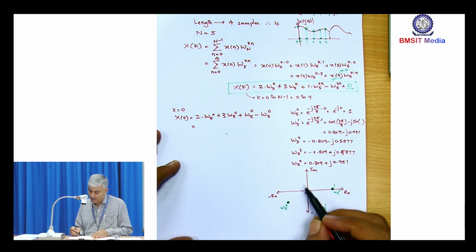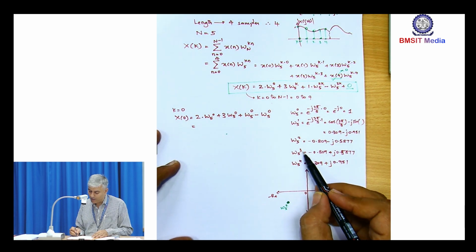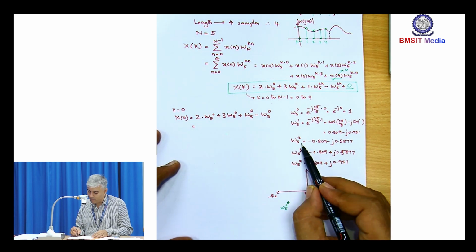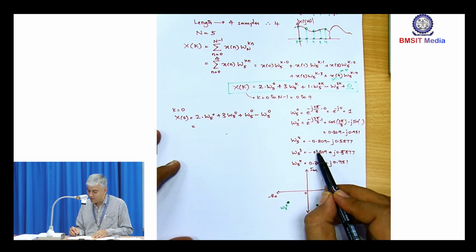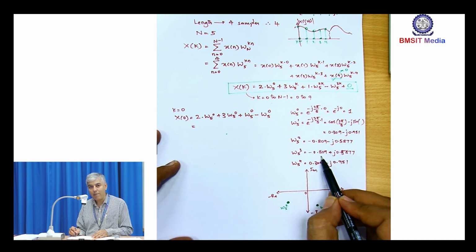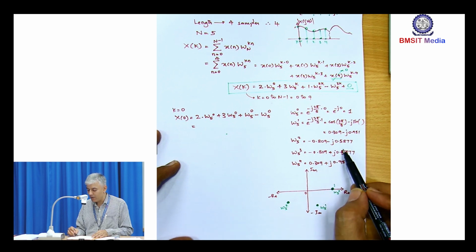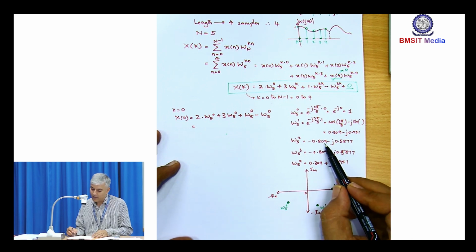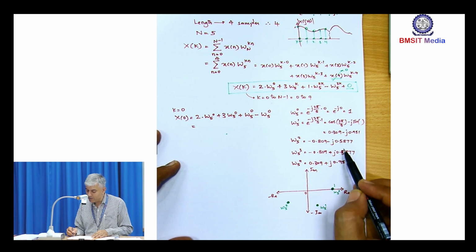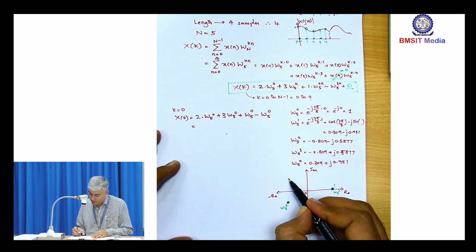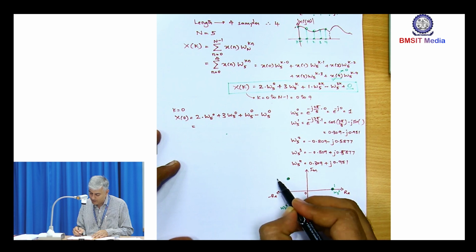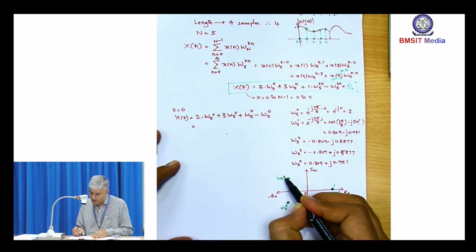On the same line, W5 raised to 3 will be, you can observe W5 raised to 2 and 3, they are a conjugate pair, right? So the imaginary values are conjugates of each other. So if I were to draw it on the same line, this will be W5 raised to 3.